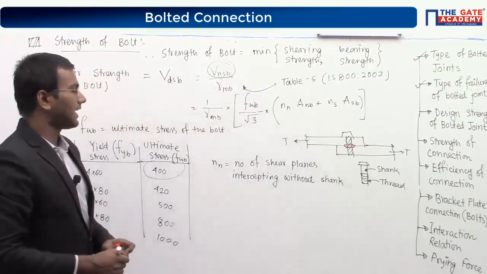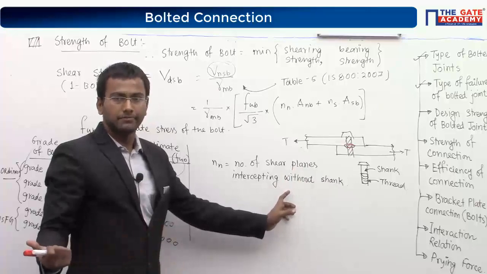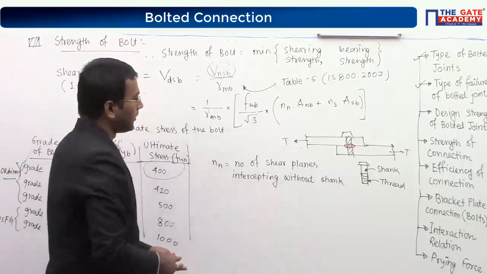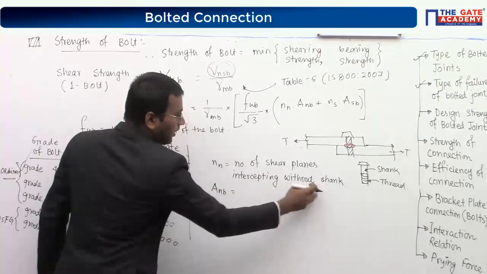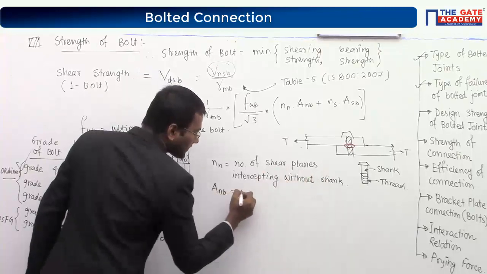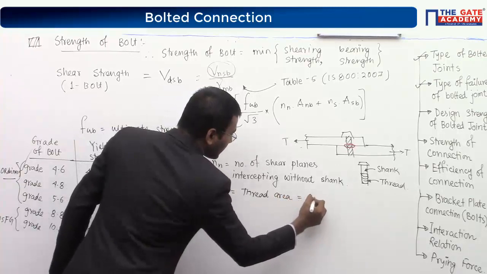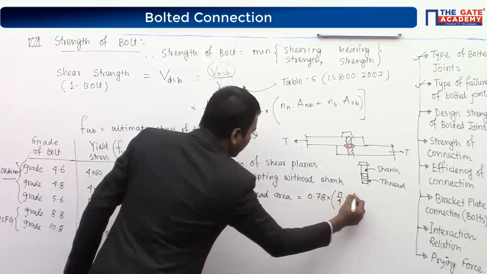So basically it is trying to say the number of shear planes at the thread. Again, what is the meaning of Anb? Without shank means it is at the thread. So Anb means thread area. Thread area means I can say 0.78 into pi by 4 into D square.